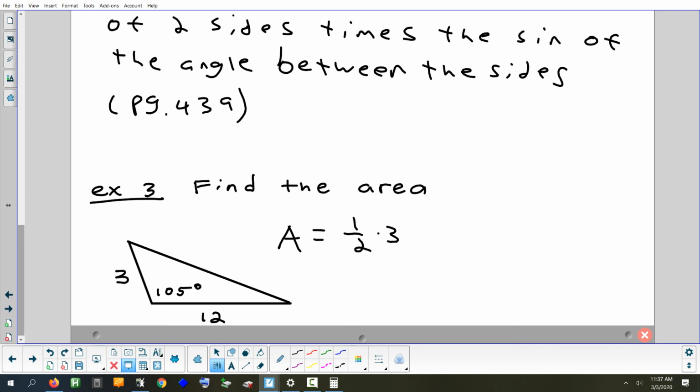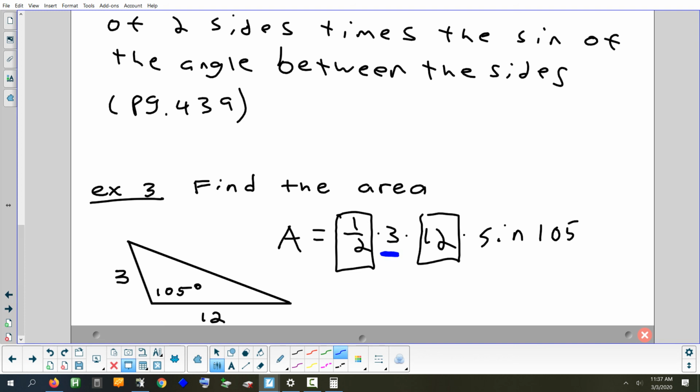1/2, 3 times 12, yep. Times the sine of 105. Now, this 1/2, is that part of the basic formula for area of a triangle? Yeah. How about the 12? Yes. This part right here, 3 sine 105, that's your height.